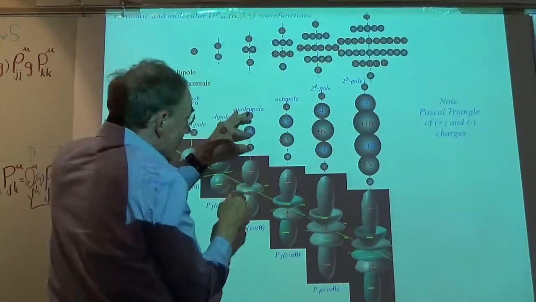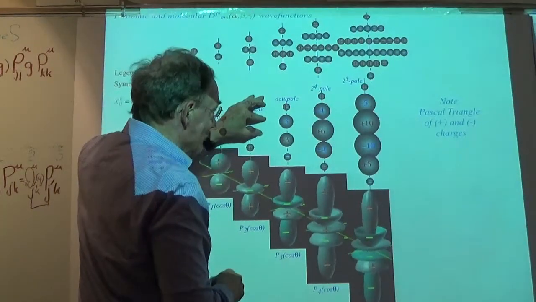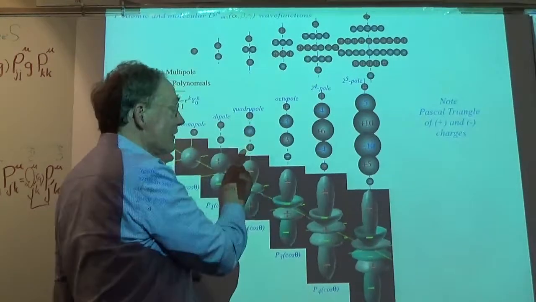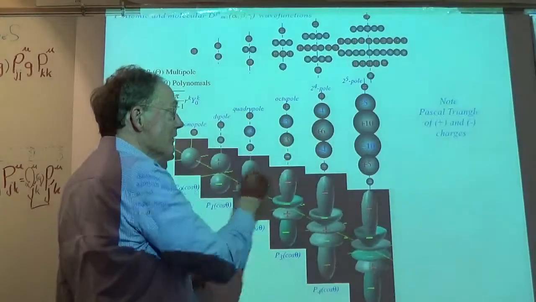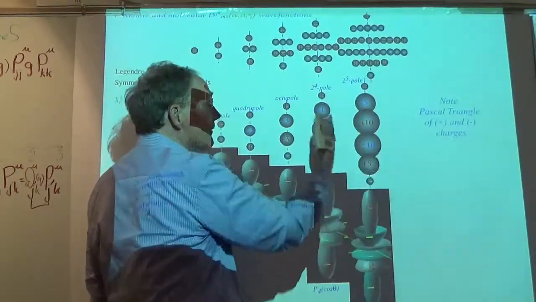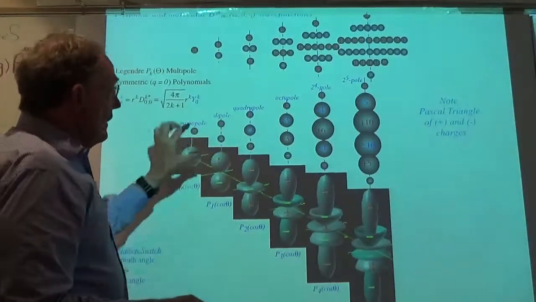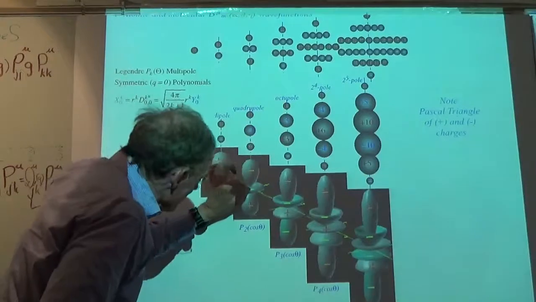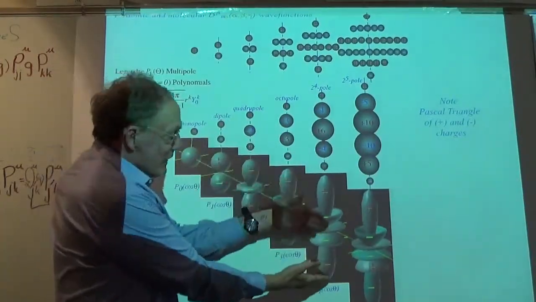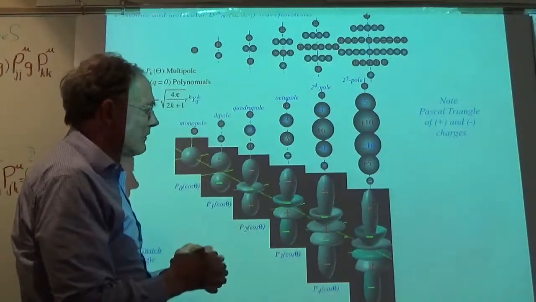Then I take this thing, copy it with a sign change. In this case, I push down and add it to this. I get this and this and this and this. And end up with a Pascal triangle of plus and minus charges. If I take this thing and microscopically put it down inside there, that's the field it makes. That's its potential function. This should be taught in every E&M class.